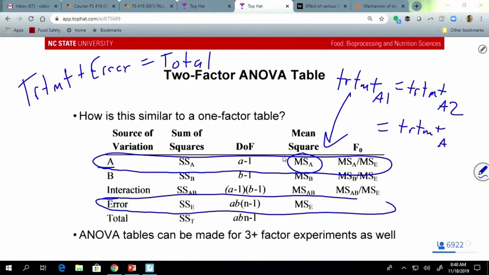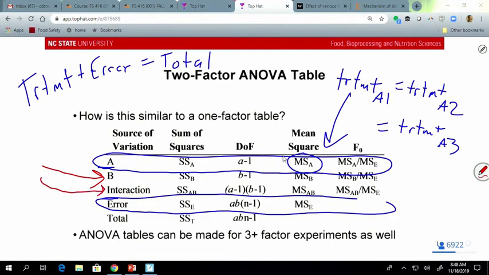We're still talking about A. That's what a one-way ANOVA is. But in a two-way ANOVA, we're introducing another factor, which would be B. We're also interested in this interaction effect.